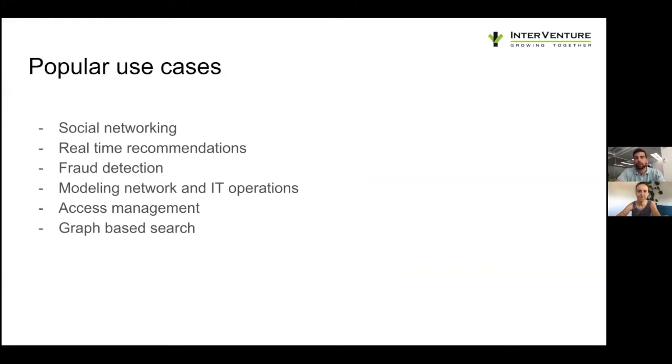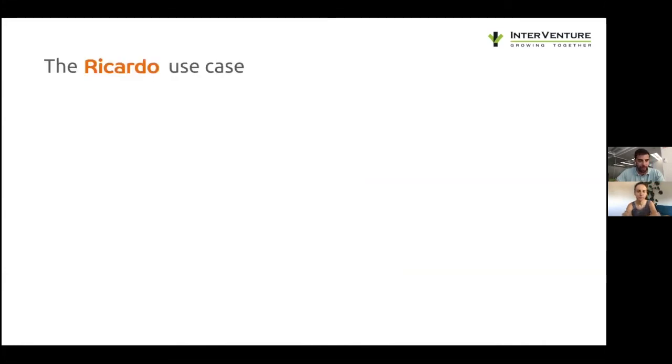So some examples are social networks, real-time recommendations, which we're going to try to build in a hands-on section, fraud detection, when you try to model the network or some other IT operations, when you want to handle access management, when you want to do a graph-based search, and many other use cases. I would like to mention another use case, which I call the Ricardo use case.